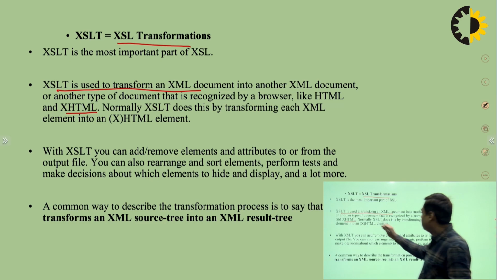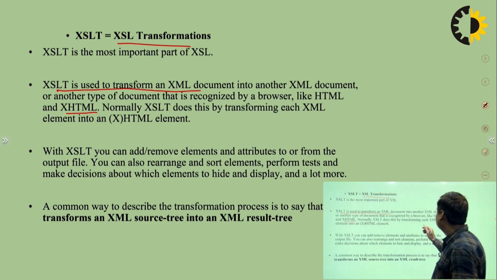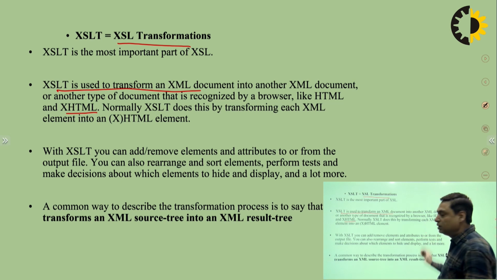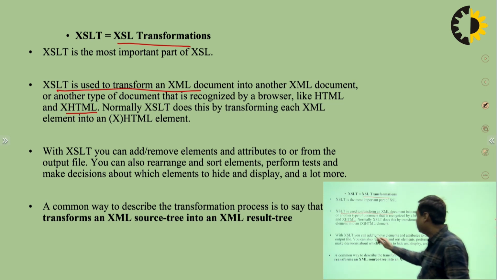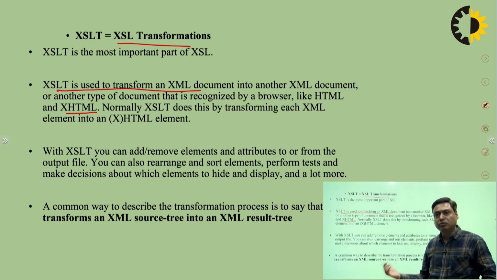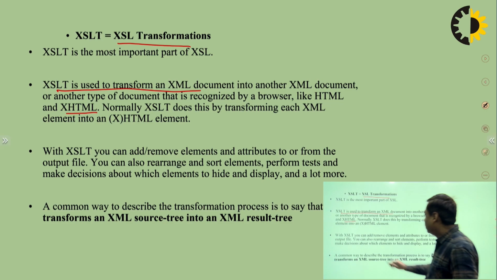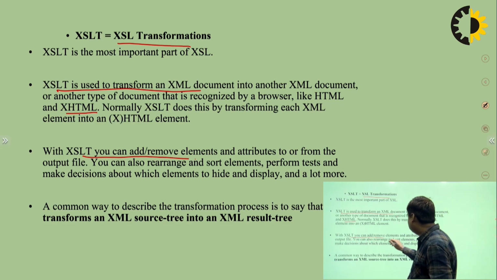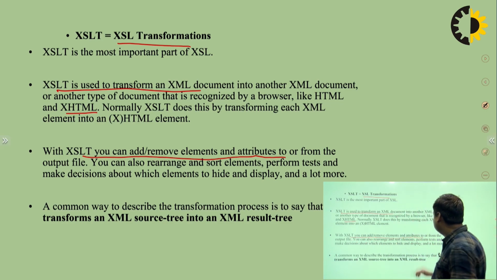So basically XSLT transforms the XML document into an XML document, which is like a combination of HTML and XML. If you're talking about XHTML, it is just like we are including the HTML also, we are including the XML also. So with XSLT, you can add and remove elements and attributes to or from the output file.